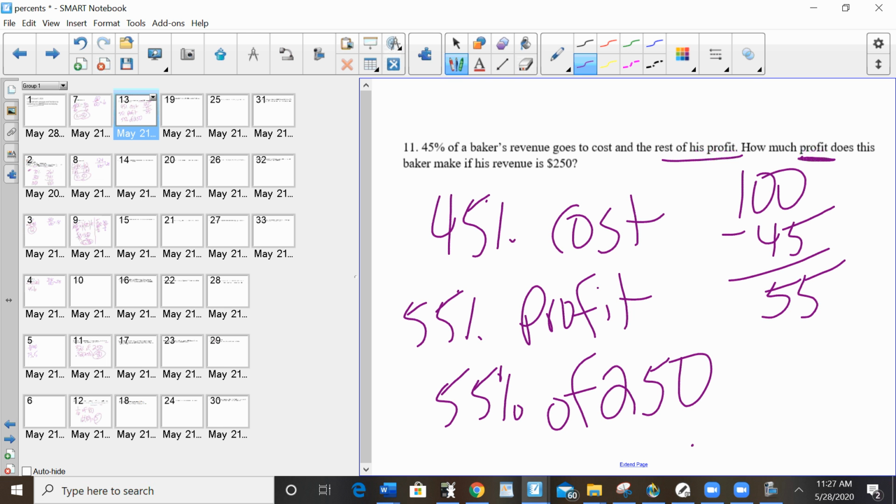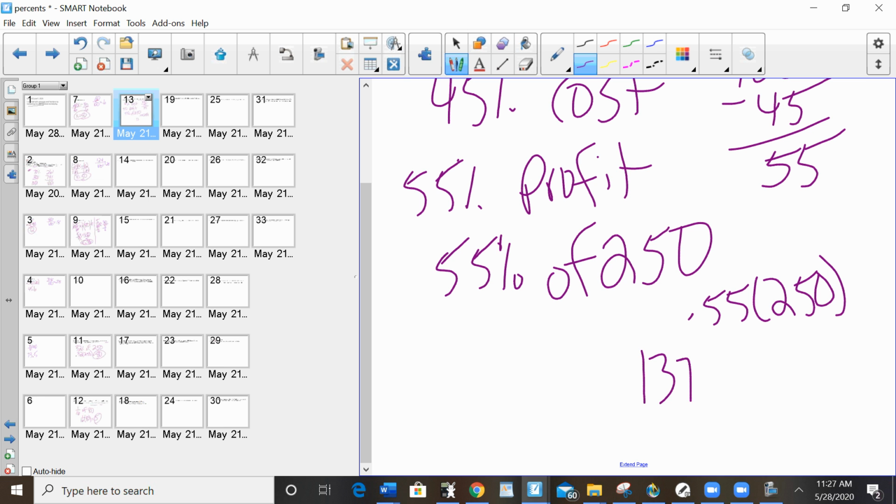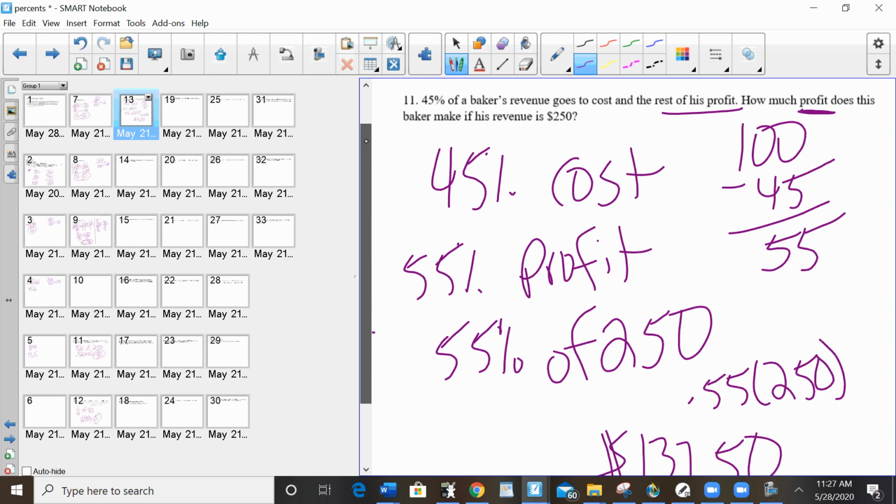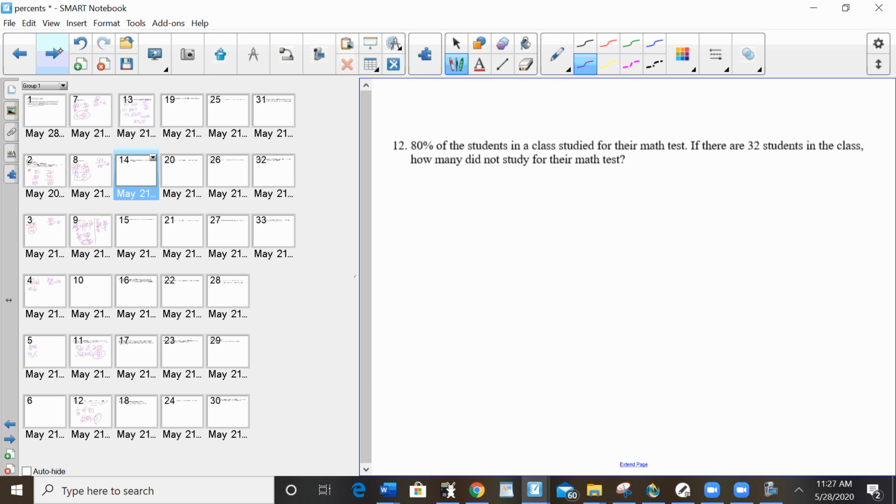From here, 0.55 times 250 is 137.5, and we're talking about money, so it's 137.50. So again, a big twist. If it wants the probability of something not happening, you have to subtract that probability from 100 and go from there.